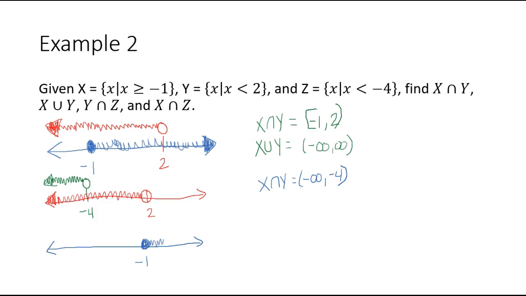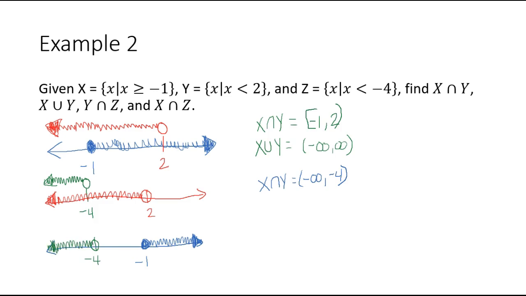We put a dot at -1 and we shaded everything to the right. And then for set Z, this was everything less than -4. So we wanted to have an open circle here and shade everything to the left.